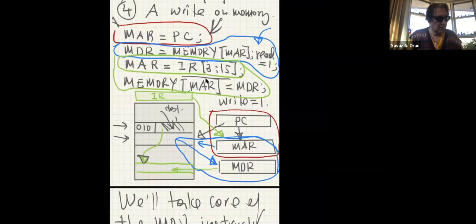You see that? There's a difference. First I read, now I'm writing. I took it out, I put it back. And the circles' colors are supposed to describe that.